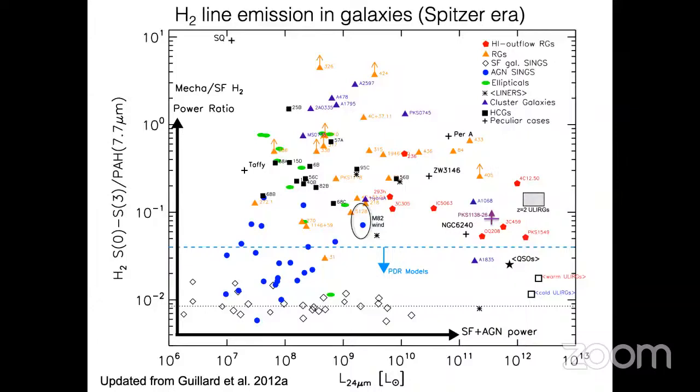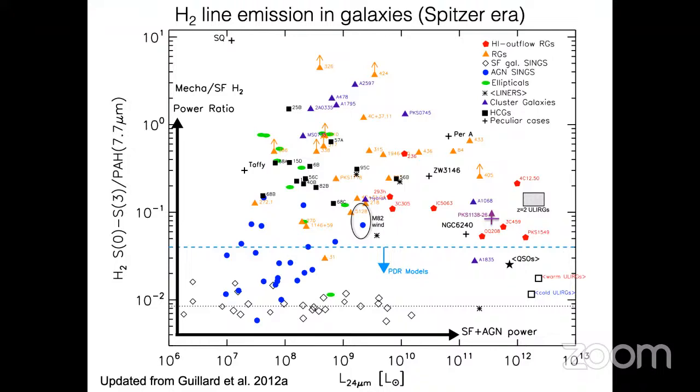From the Spitzer spectroscopy, we found a population of very bright galaxies in H2 line emission. So this is a plot where I've put the first rotational lines of H2, total line emission intensity of H2 divided by the PAH emission, which is a nice tracer of the UV photoionization, as a function of the infrared luminosity, the 24 micron continuum.